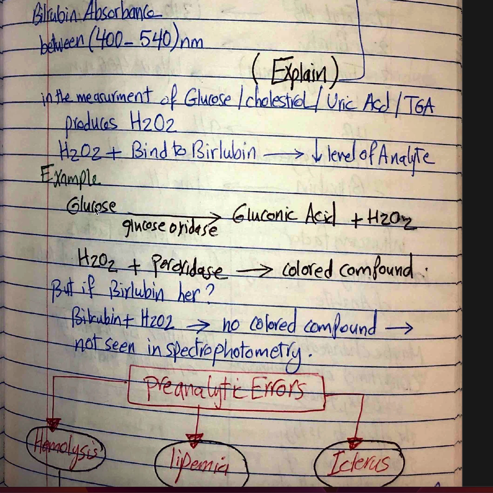For example, glucose is acted on by glucose oxidase to form gluconic acid and H2O2. The H2O2 then binds to peroxidase and forms a colored compound. We measure the colored compound, which shows us the glucose level present in our sample.